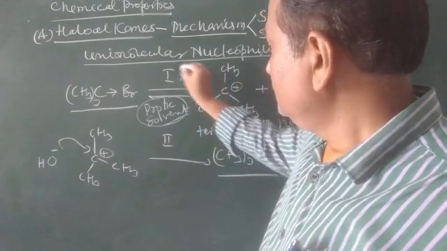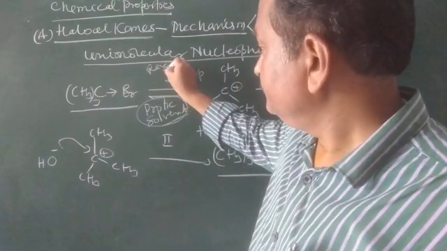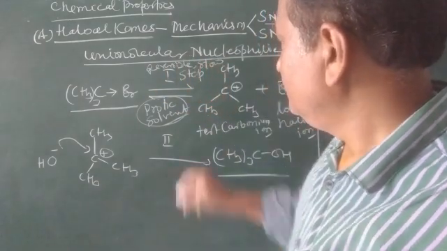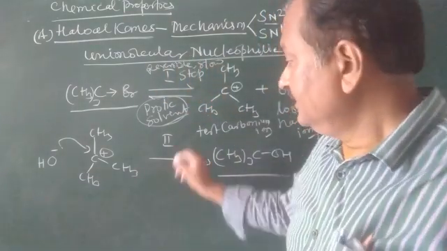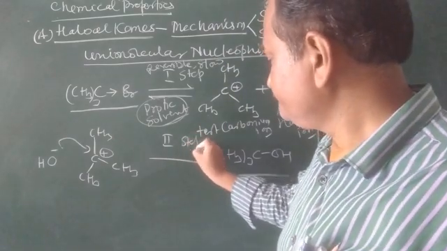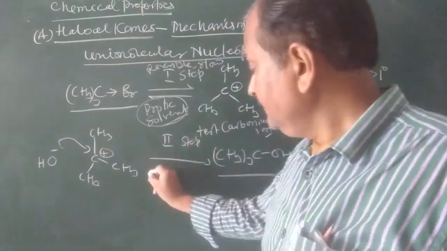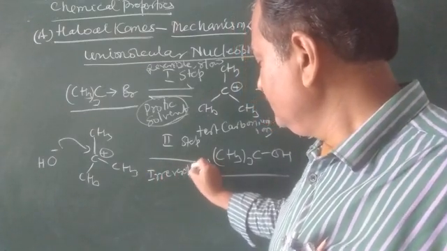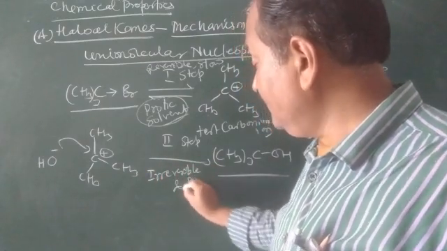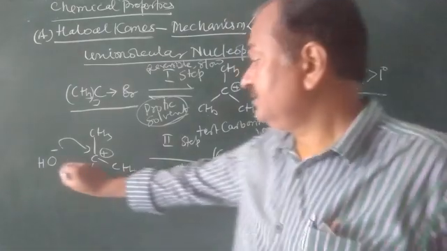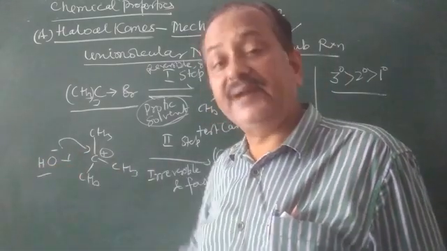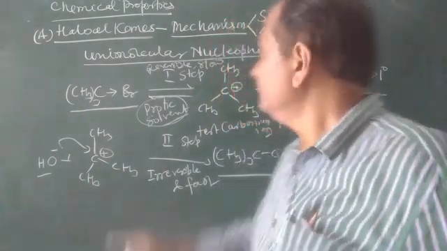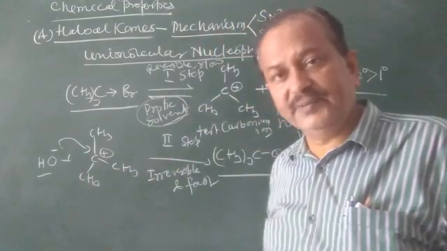The second step is irreversible and it is fast. So here there is the nucleophile, the OH ion, again the same as it was in case of the SN2 mechanism.